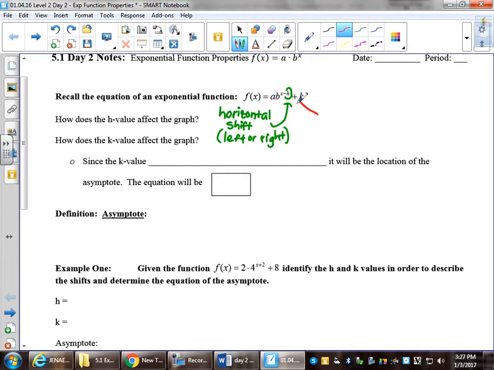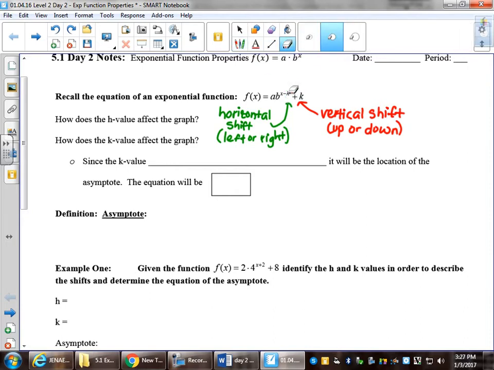And then here k is the vertical shift. And by vertical we mean up or down. My little circle looks weird. If you can circle it nicely, do that, but I'm just going to draw an arrow up to it.